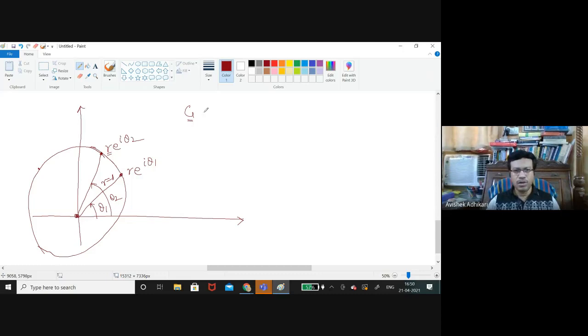So I consider all such complex numbers z belonging to C such that mod of z equal to 1. That means r equal to 1. So now there is no concept of r because this value of r is 1.